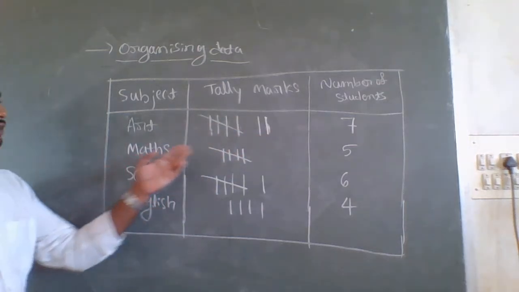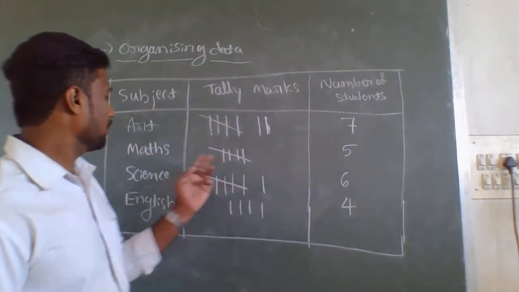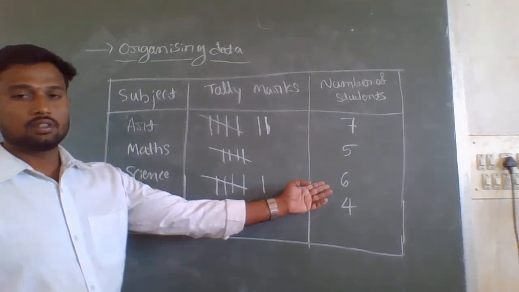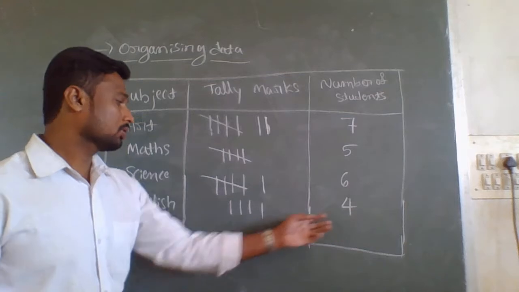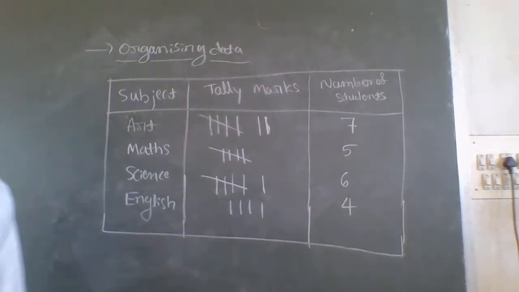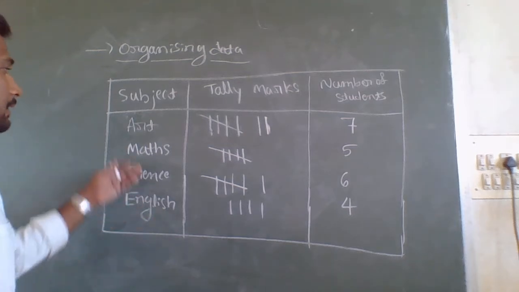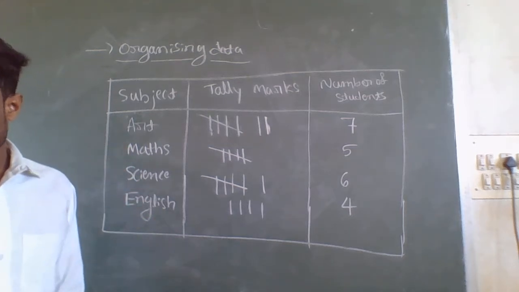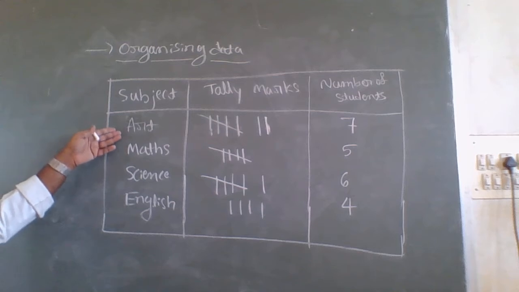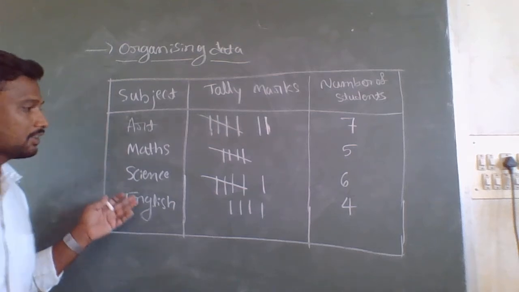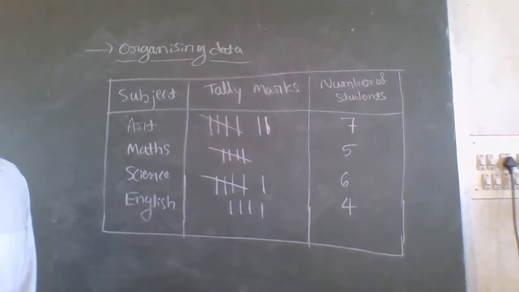Maths is 5, science 6, English 4. Now this gives us organized data: how many students like art, maths, science and English.